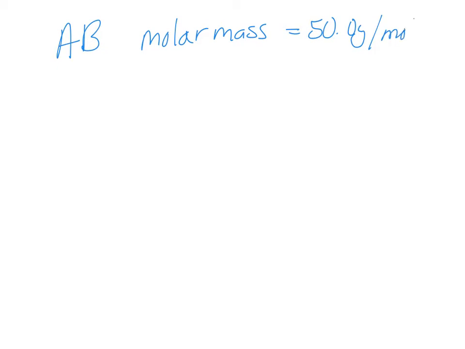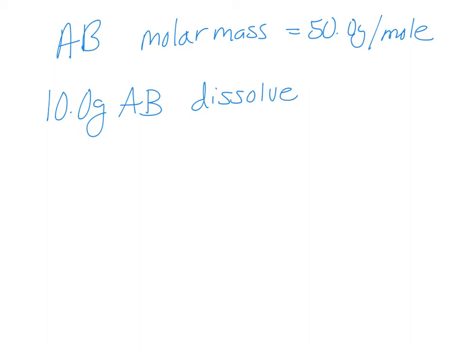Okay, so let's say that we have a compound, AB, and we'll say that the molar mass of this compound is 50.0 grams per mole. And we're going to take 10.0 grams of AB, and we're going to dissolve it in exactly 100 grams of H2O.